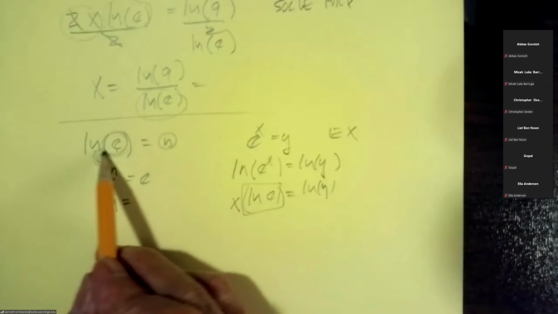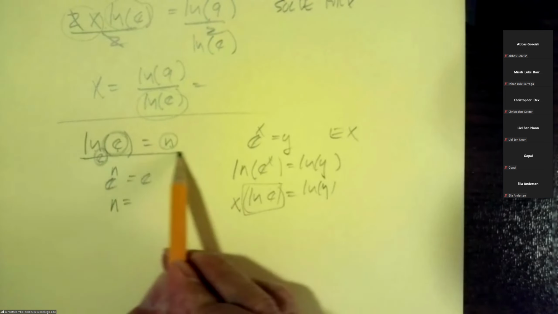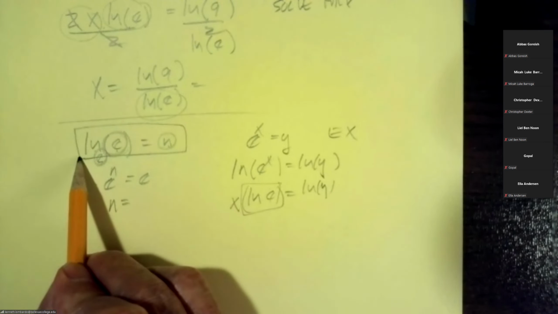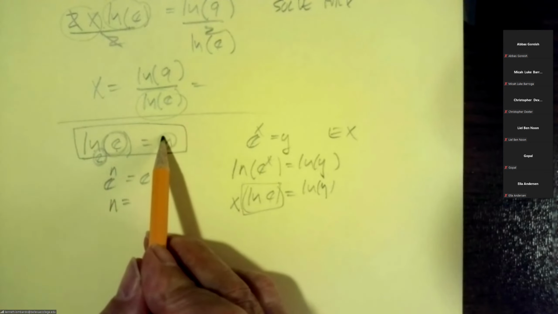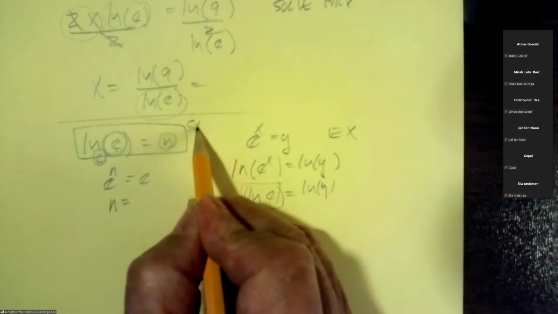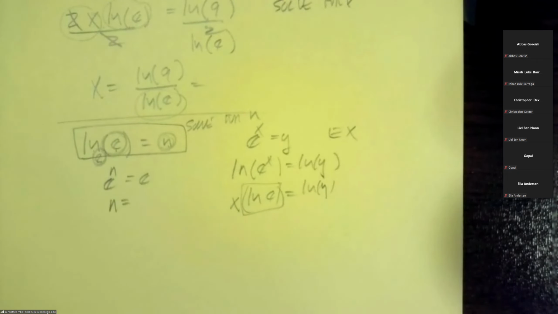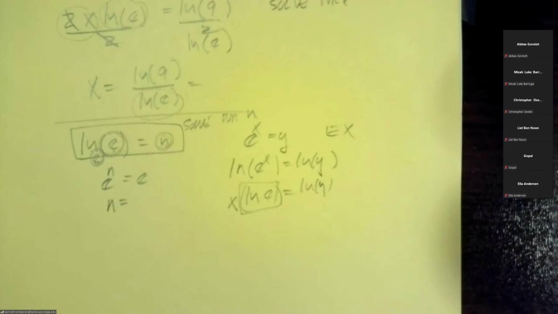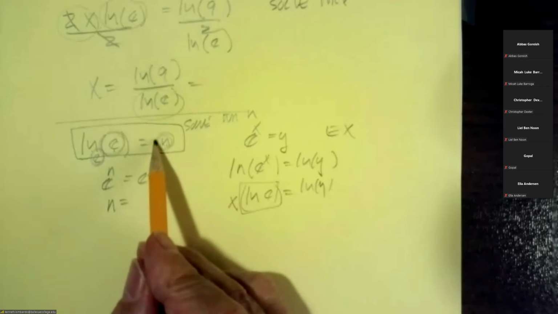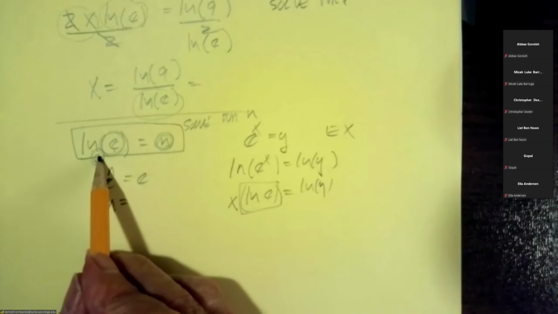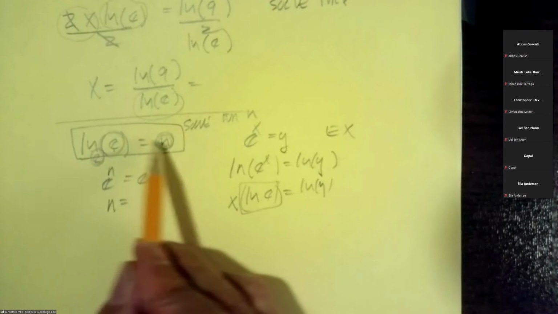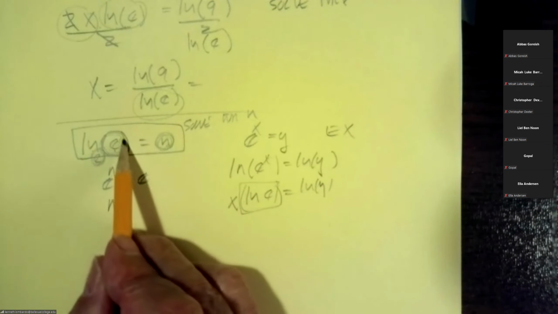Well, we have ln e equals n, but we're trying to solve for n. So we want to come up with a number that represents what this n is. So we can say e to this number equals this value here.